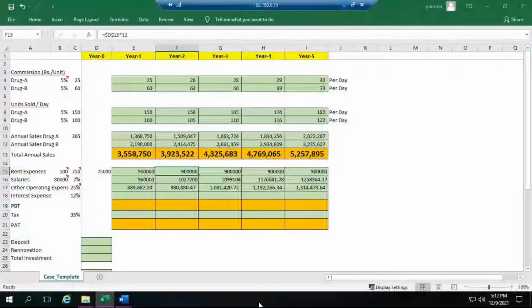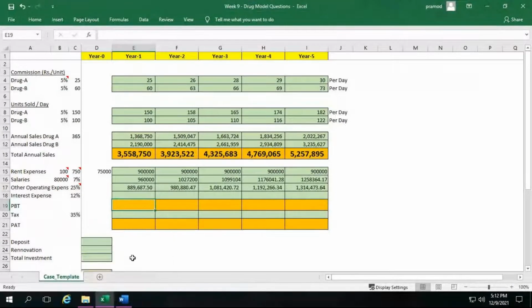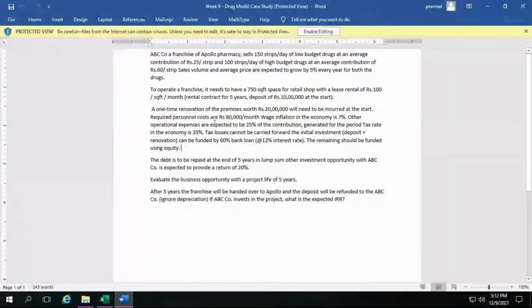Okay, so next is the tax rate in the economic period, which is 35%. Loss cannot be carried forward. The initial investment, that is deposit plus renovation, can be funded by a 60% bank loan at a 12% interest rate.